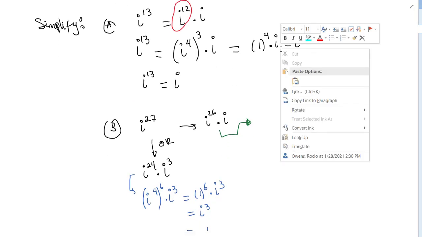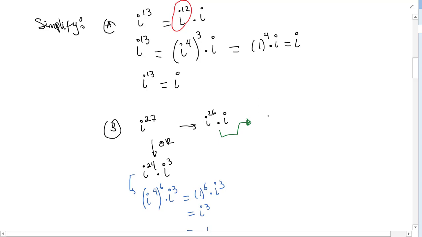I'm going to say then this is i squared to the, 2 times what gives me 26? 13. 2 times 13 is 26, times i. I have i squared is negative 1, so I have negative 1 to the 13 times i. And negative 1 to an odd power is negative 1. So I get negative 1 times i, which is negative i.